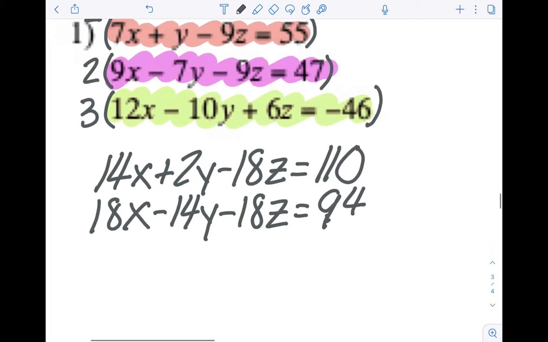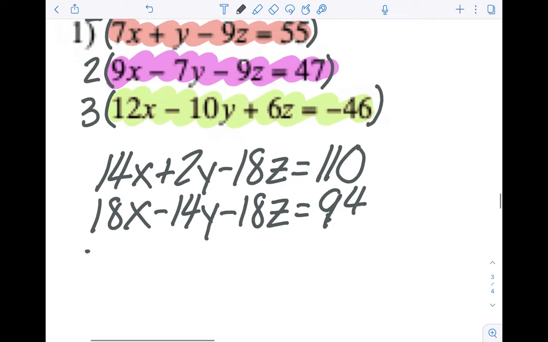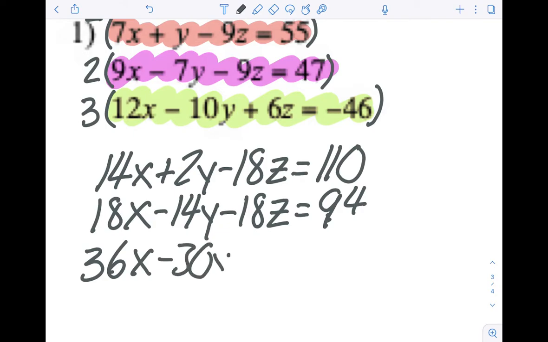Okay. Finally, the green: 3 times 12 is 36x. Minus 3 times 10 is 30y. Plus 3 times 6 is 18z, is equal to 3 times negative 46 is negative 138.